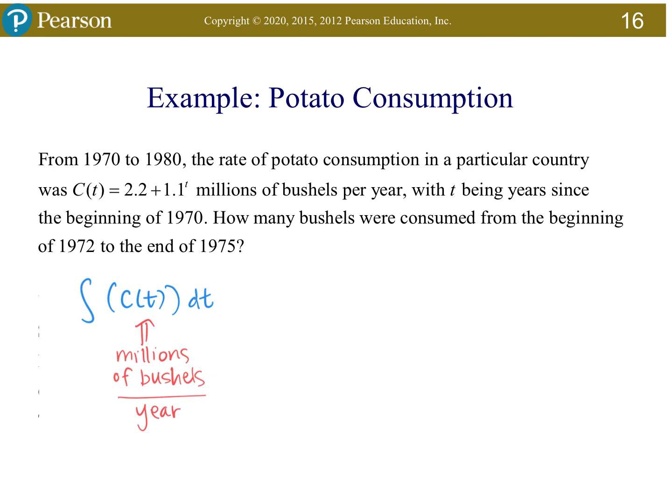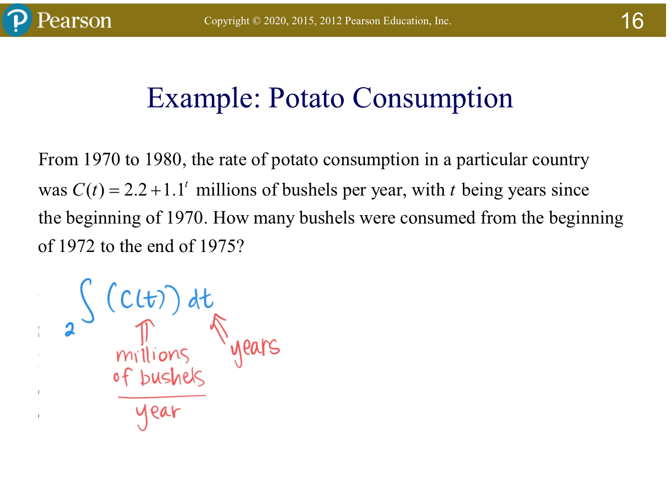And then what are my bounds? Oh, okay, so dt will be measured in years since the beginning of 1970. What will my bounds be? What will my lower bound start out as? 2. And the upper bound?